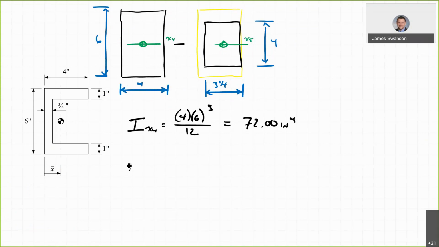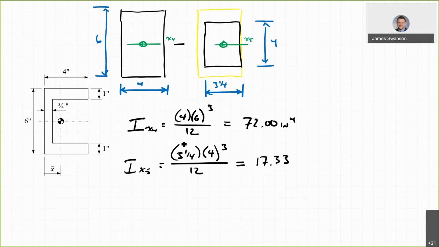And then I can take I sub x5, and the base there is 3.25 inches times the height of 4. That gets cubed divided by 12. So let's see, 4 cubed, 12 divided, 3.25 times, is 17.33.